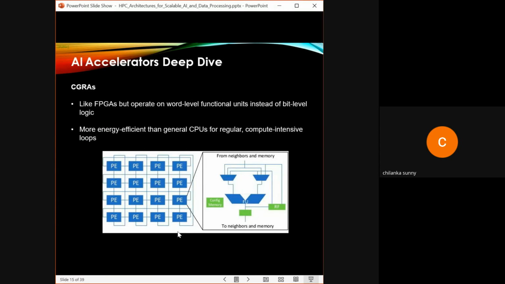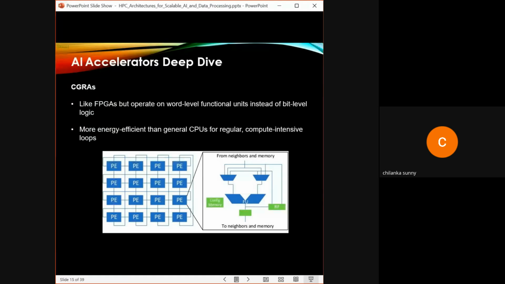Another solution which comes midway between FPGAs and ASICs is the CGRA, the coarse-grained reconfigurable array architecture. It is essentially an array of processing elements connected to each other, and even the interconnects are reconfigurable. Each processing element houses a functional unit like an ALU or a MAC unit with a local register file or buffers, interconnected by a programmable routing network.